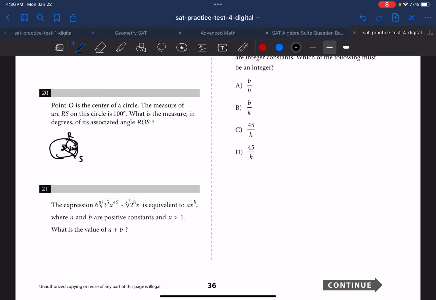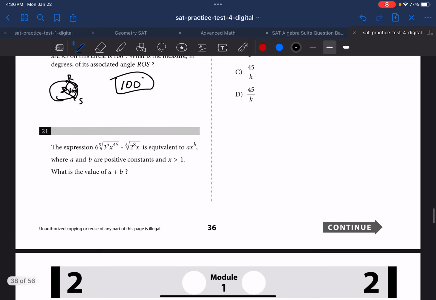So this is just the same thing. The measure of the arc RS is 100 degrees. ROS would be the same thing, 100 degrees. So this was not even a hard question.